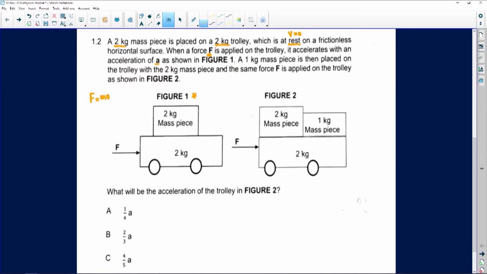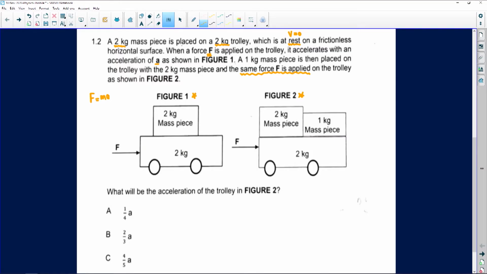And then what happens is we have a 1 kilogram mass piece which is then placed on the trolley with the 2 kilogram mass piece and the same force. This is very crucial. The same force is applied on the trolley. Let's look at this picture. We still have the 2 kilogram trolley. Next to the 2 kilogram mass piece, they've added one more.